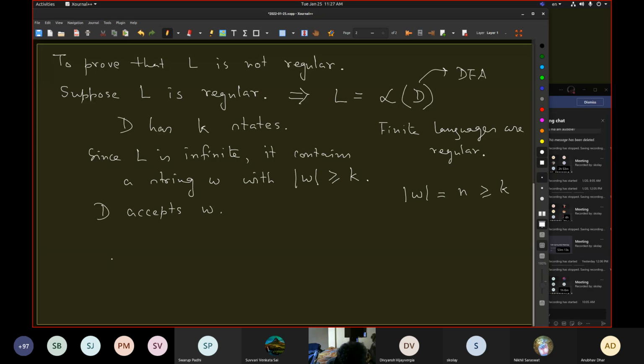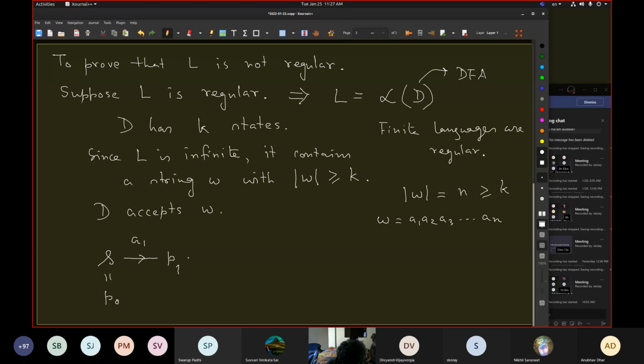So to start with, the DFA starts in the start state, and let us also give it the name P0. And let me write this W as A1, A2, A3, up to AN, where each AI is a symbol from the alphabet. Now, as it reads A1, it will go to a state called P1, which may be same as S, but anyway, I am just calling it P1.